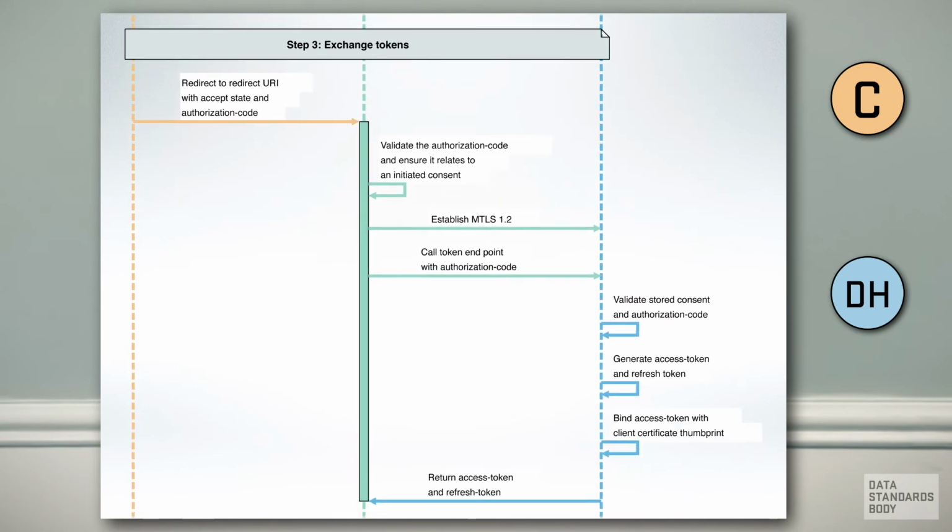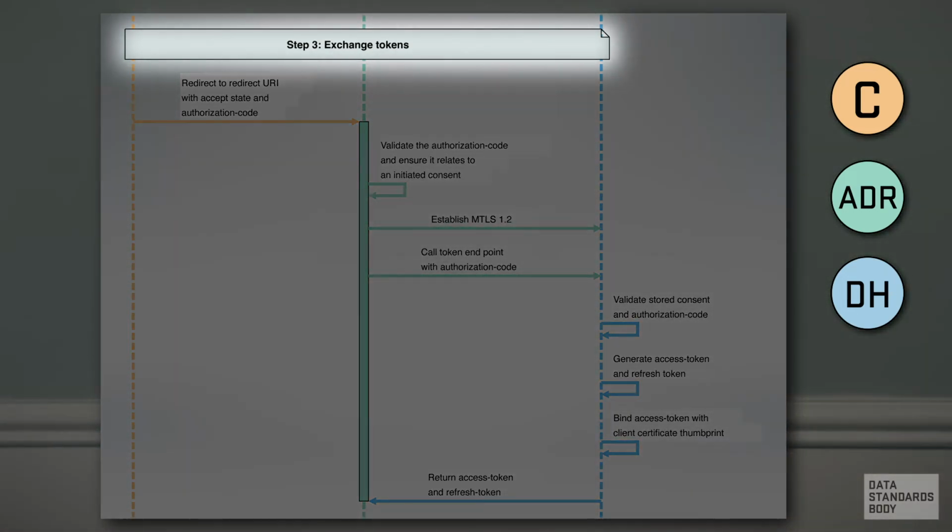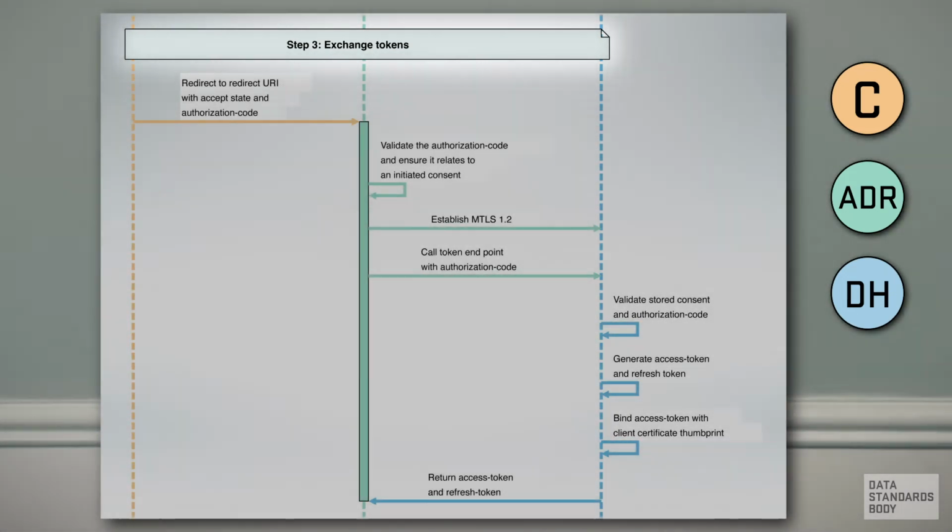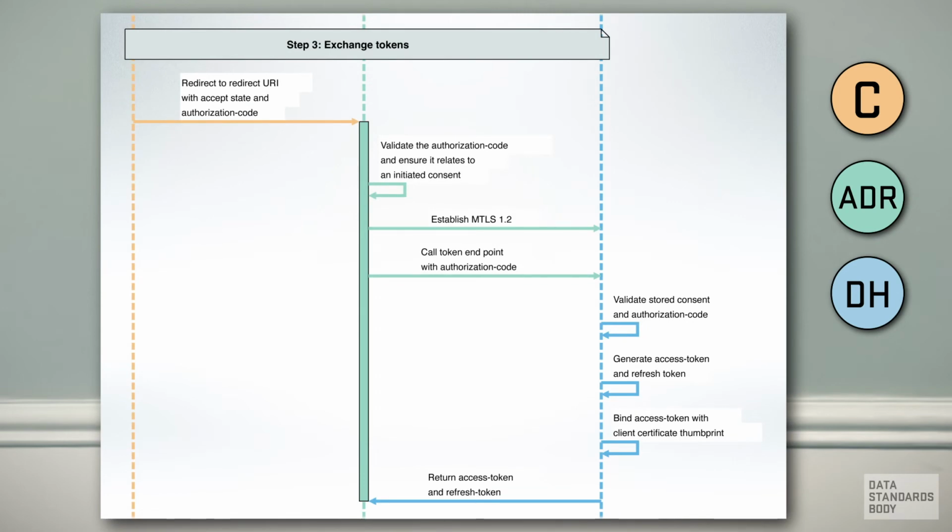Okay, so now we're up to the part where effectively consent is established, but the ADR still can't call a resource endpoint yet. And that's because they don't have an access token, but they do have an authorization code. So this is now up to the point where we exchange tokens. So at this point, I've just got the 302 back to the consumer's device.